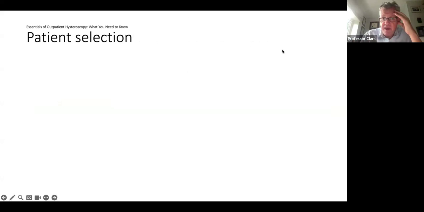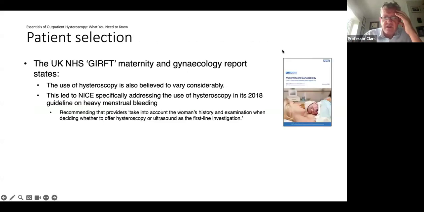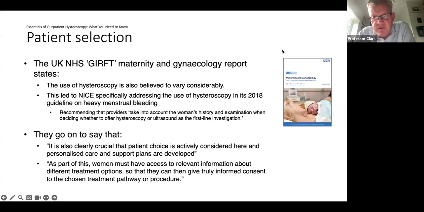I'm often asked about patient selection, and certainly in the UK, in our National Health Service, the NHS, there has been some guidance or documents produced looking at the metrics and what's going on. Even in the UK, although outpatient hysteroscopy is well established, there is variation in provision.